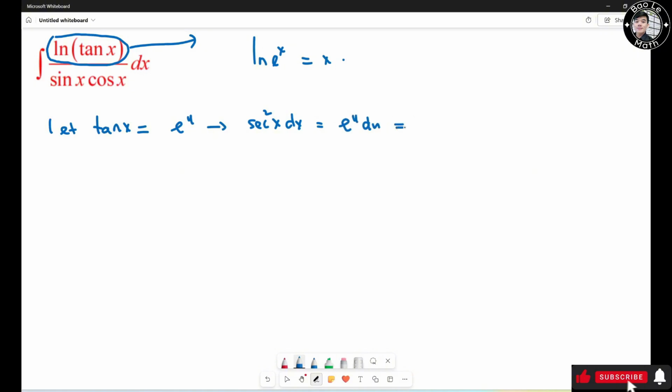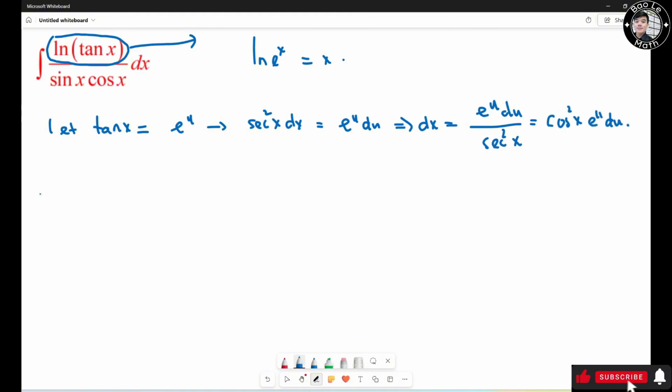And then we need to solve for ds, right? So ds equals e to the u du over secant square of s, right? But 1 over secant square of s equals cosine square of s, right? So it's going to be cosine square of s e to the u du, right?